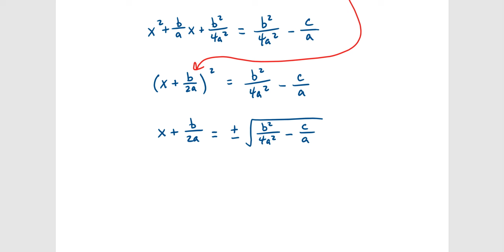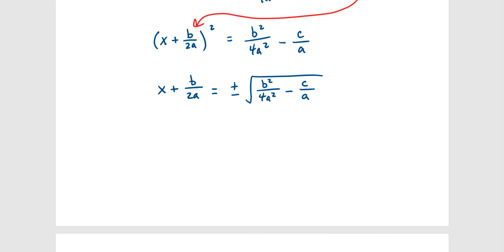So on this right-hand side, what we can do is get common denominators for those two terms under the square root. A common denominator here would be 4a squared. So in order to get the second fraction to be over 4a squared, we have to multiply by 4a over 4a.